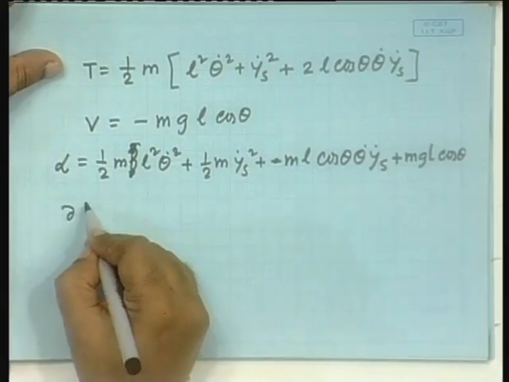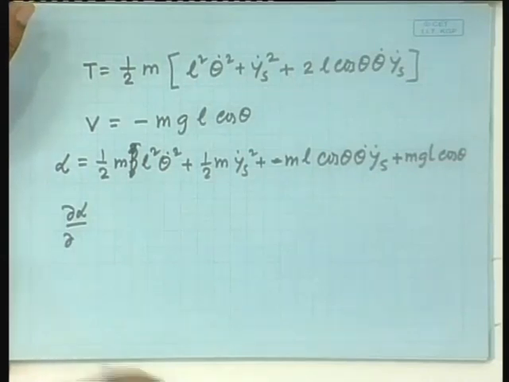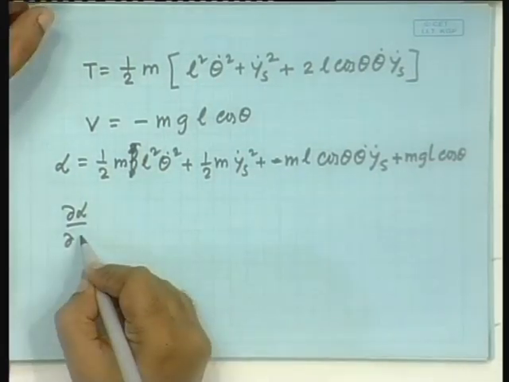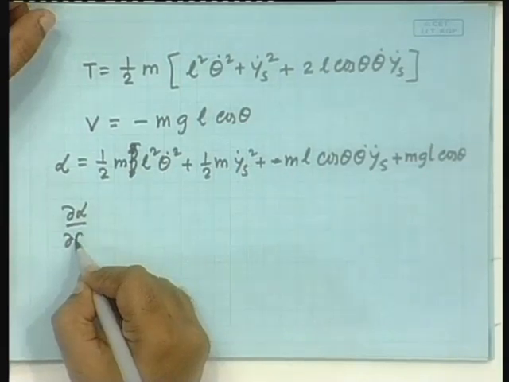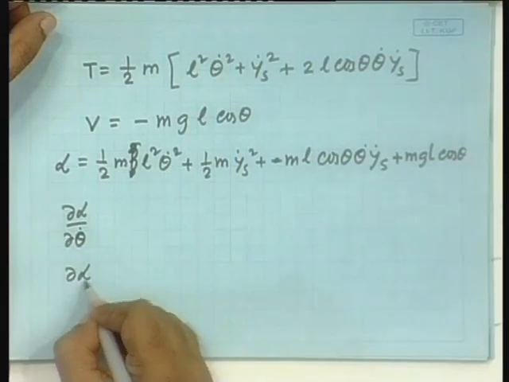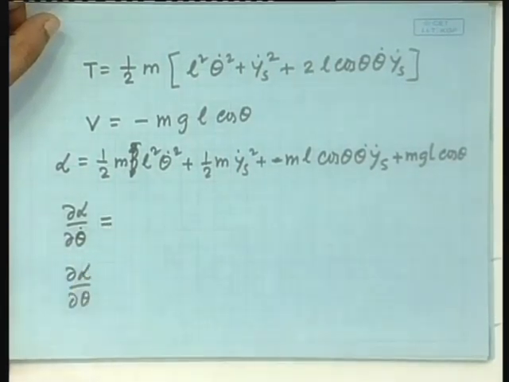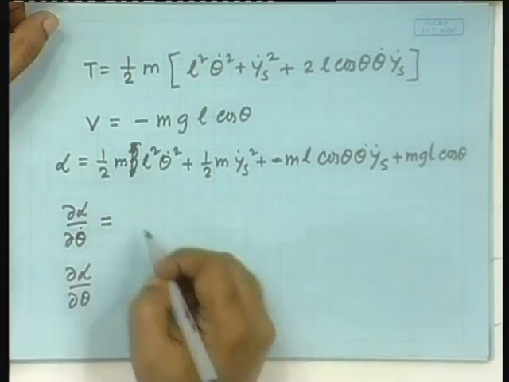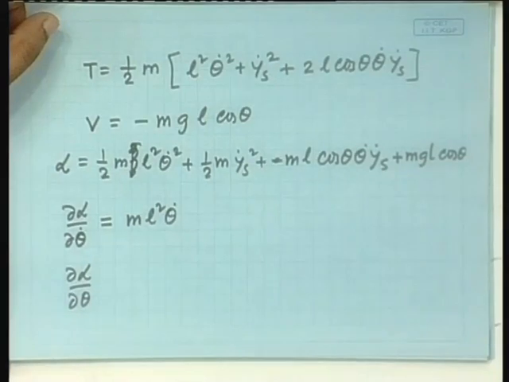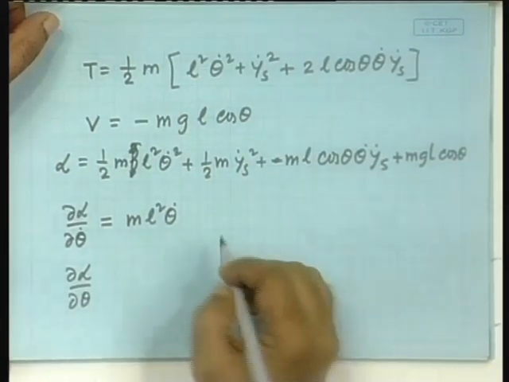So, with respect to what will you differentiate? Theta. So you have the derivative with respect to theta dot, and we will have to differentiate with respect to theta. Now, this becomes m L squared theta dot, right. This goes off, this remains.